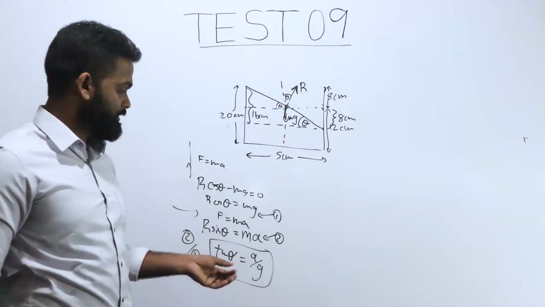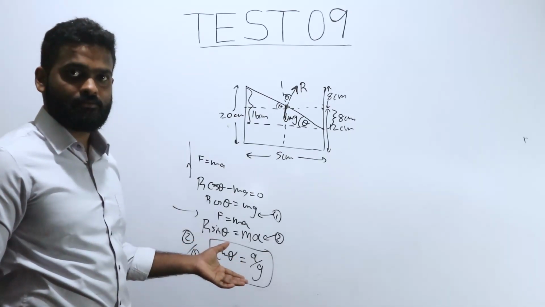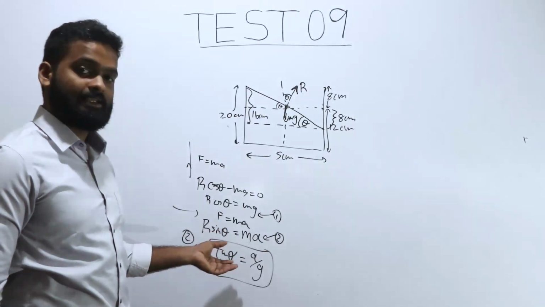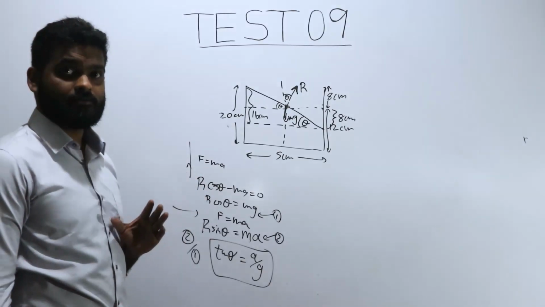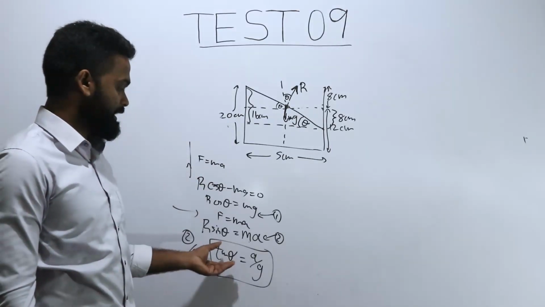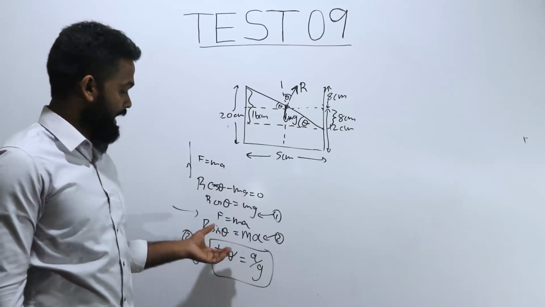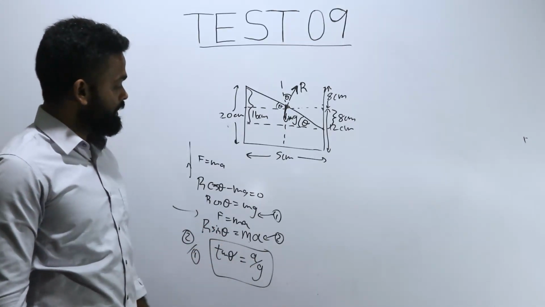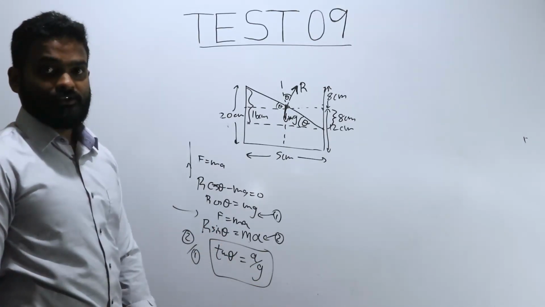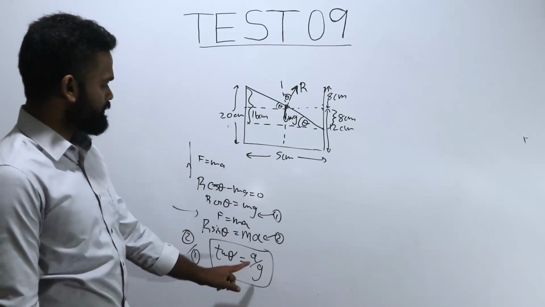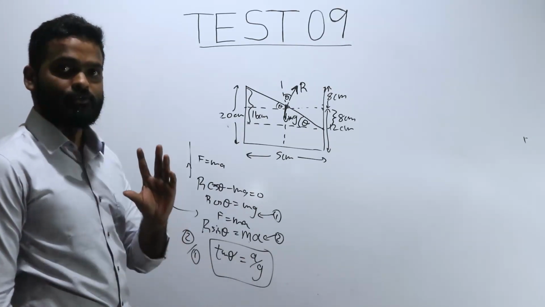So in the theory, normally you have to remember this equation. You can use that equation in MCQs, right? Not for essay questions. This can be used for MCQs. Tan theta is equal to a over g, acceleration over the gravitational acceleration. So I'm going to use that one here.